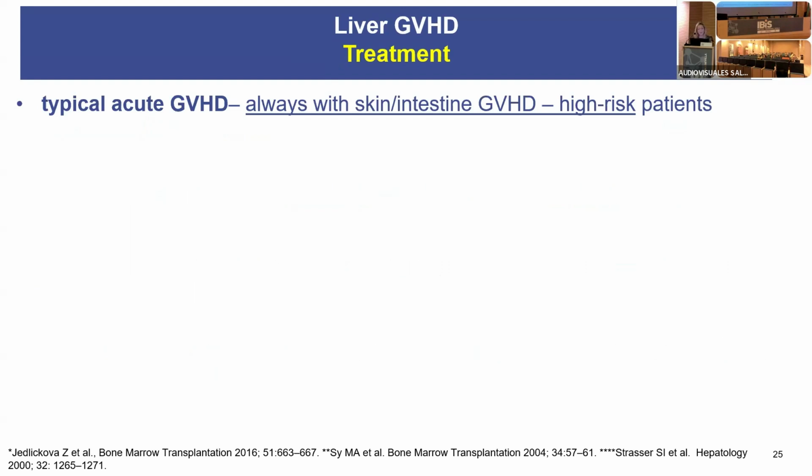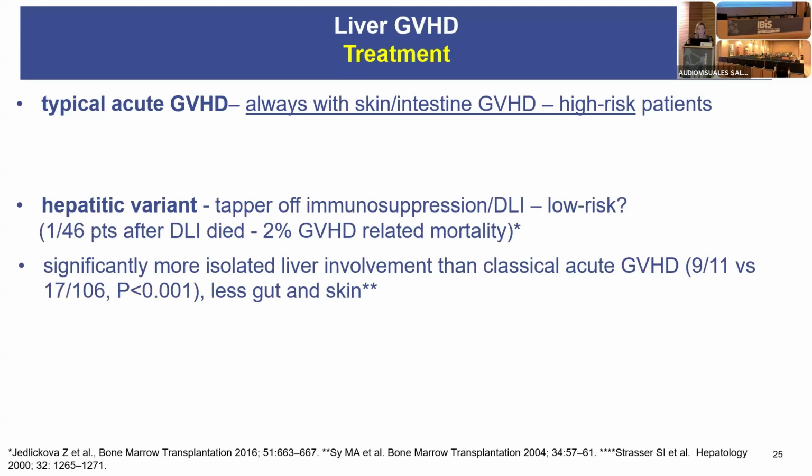When it comes to treatment of liver GvHD, typically these are high-risk patients because it's always together with higher grades of acute GvHD with skin and intestinal GvHD. These patients will always need high dosages of steroids. But there is this hepatitic variant, which I mentioned earlier, that responds well to reintroduction of immunosuppression or to steroids, the one that happens after DLI and the one that happens as a sole presentation of liver GvHD.